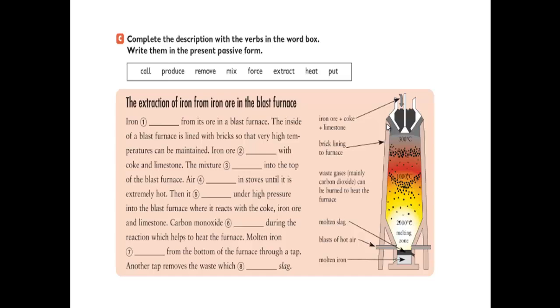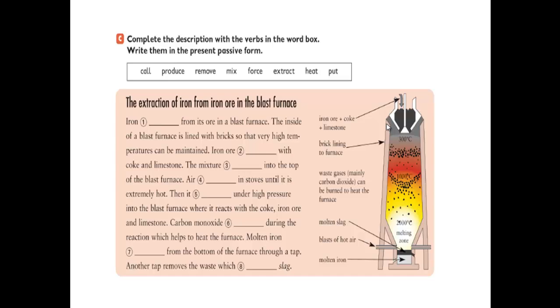Iron is extracted from its ore in a blast furnace. The inside of a blast furnace is lined with bricks so that very high temperatures can be maintained. Iron ore is mixed with coke and limestone.